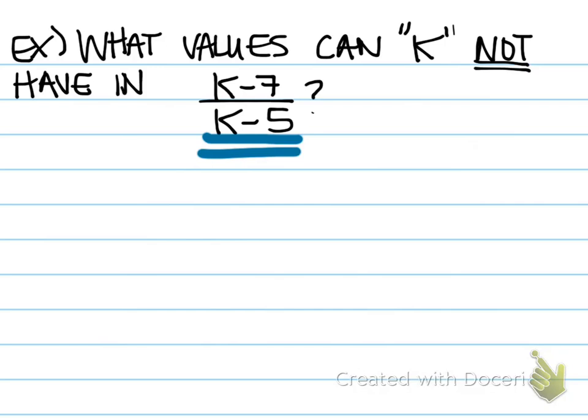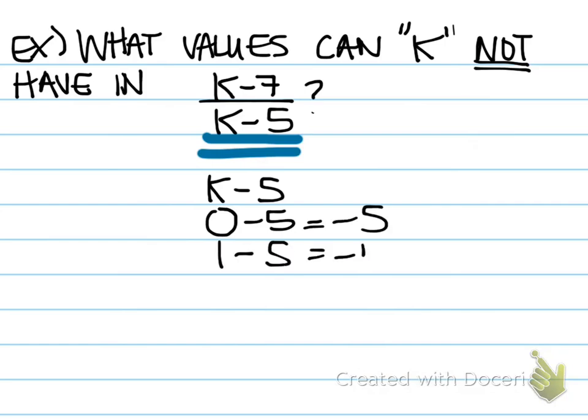This problem was relatively easy to see that if we have k minus 5 and we put 0 in for k, we could get negative 5, that would be okay. We could put 1 in for k, we would get negative 4, that's okay. But if we put 5 in for k, that would give us 0, which we cannot ever have.